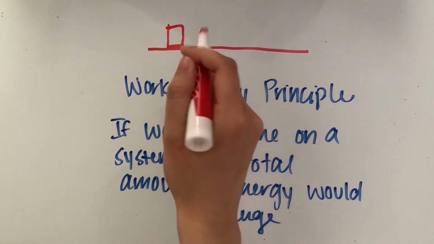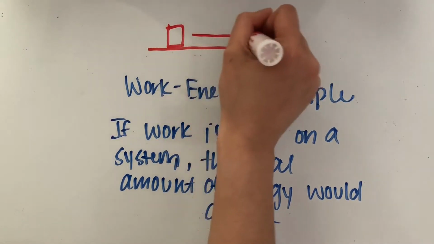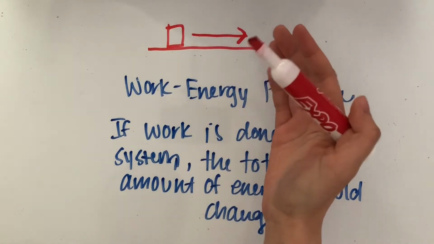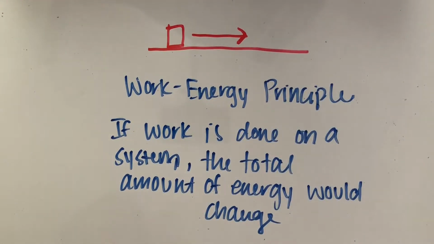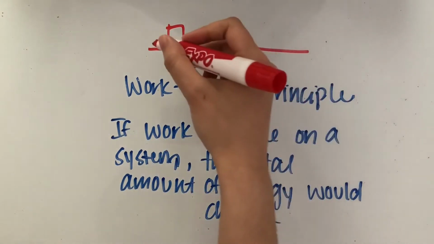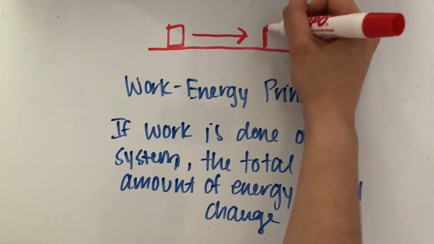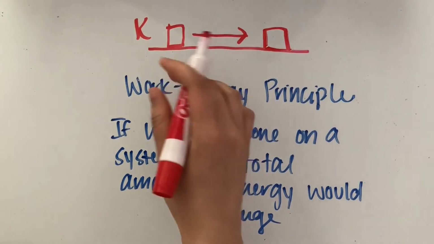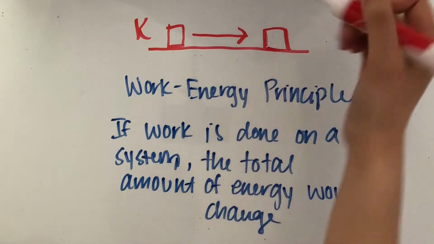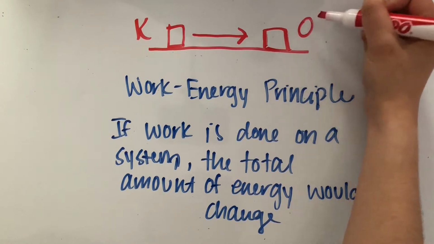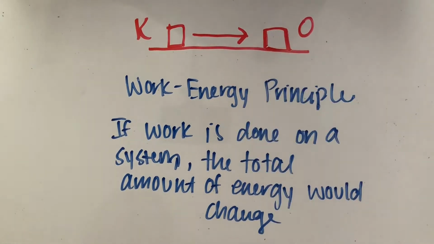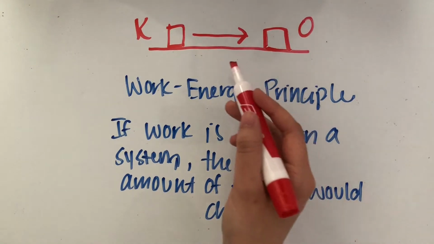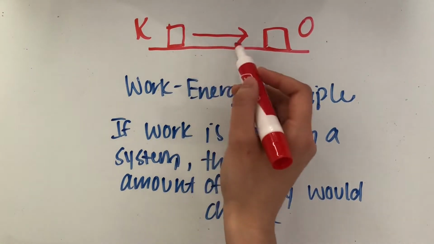Let's say at the beginning it has some positive velocity and it's just moving across, and the frictional forces from this rough surface are working against the block to eventually slow it down and bring it to a stop. So in the beginning it has some kinetic energy because it's moving, but at the end we can say that it has no energy left because it's not moving. So the frictional forces from the rough surface did negative work on this block to get it to stop moving.